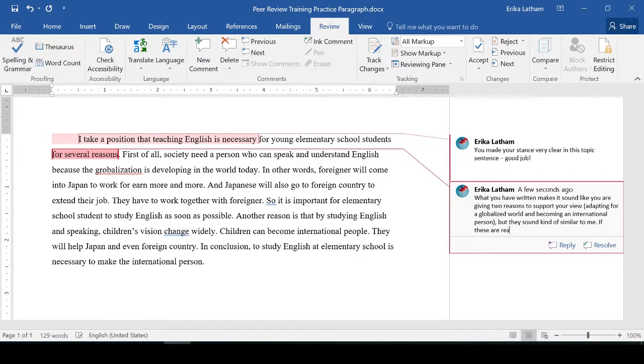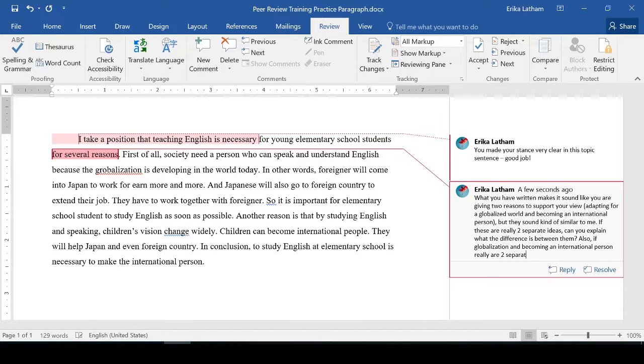If these are really two separate ideas, can you explain what the difference is between them? Also, if globalization and becoming an international person really are two separate ideas, it would probably be better to separate them into different paragraphs.